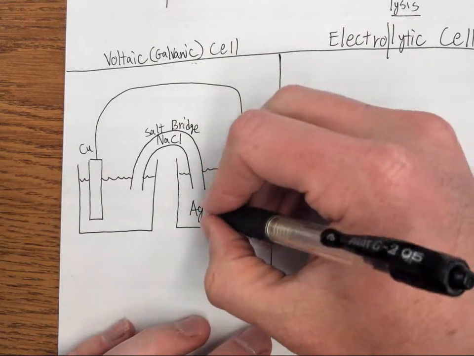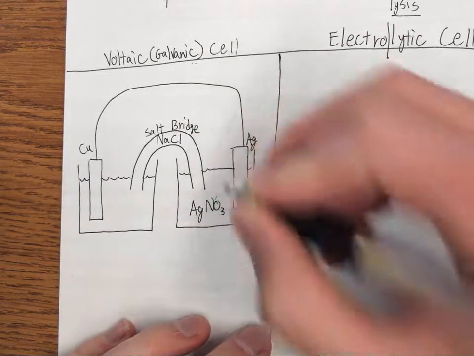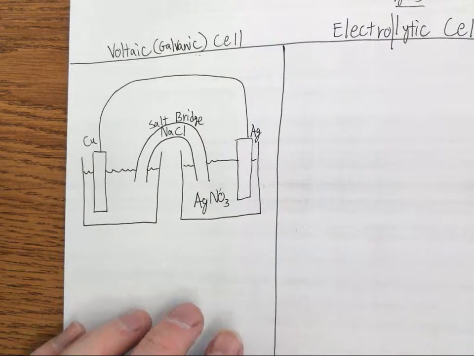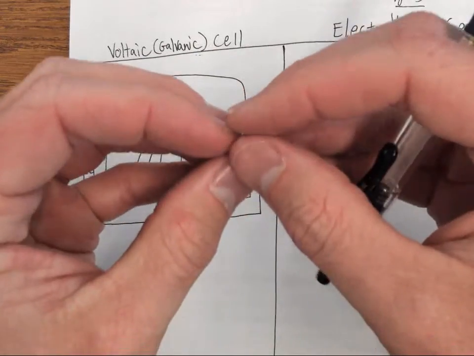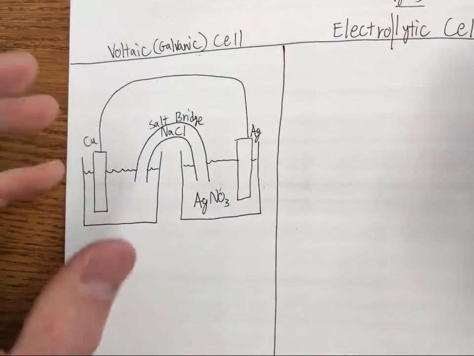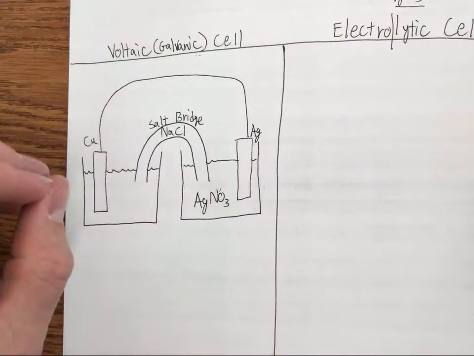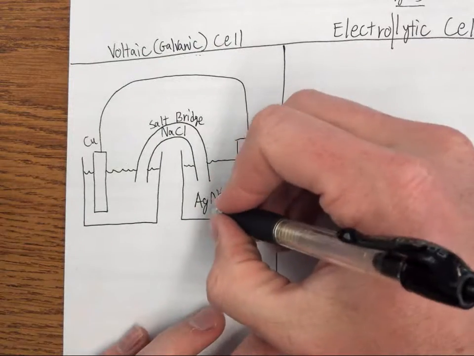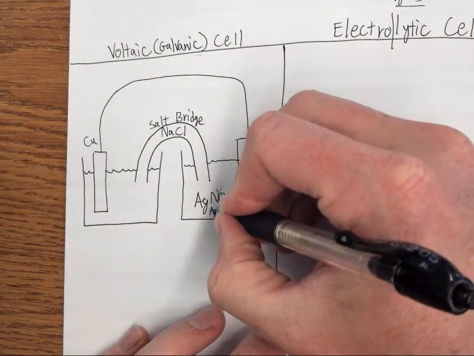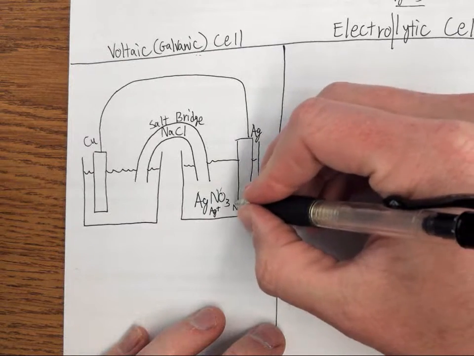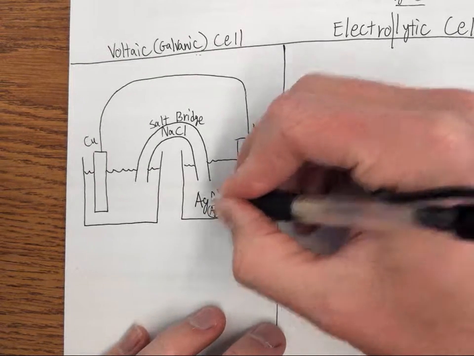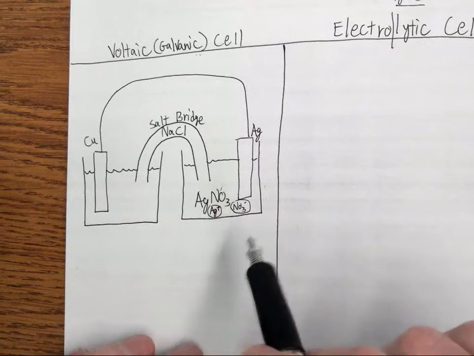We'd say silver nitrate. How about that? AgNO3. Right, now when it's aqueous, what do they do? They separate, right? And what do we call that? They dissociate. So this is going to be a lot of Ag+ and NO3- ions just floating around. Right, now this is important for later.